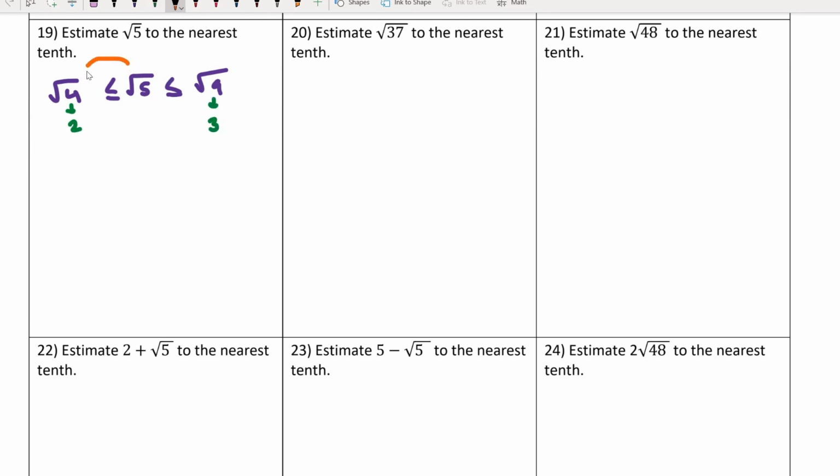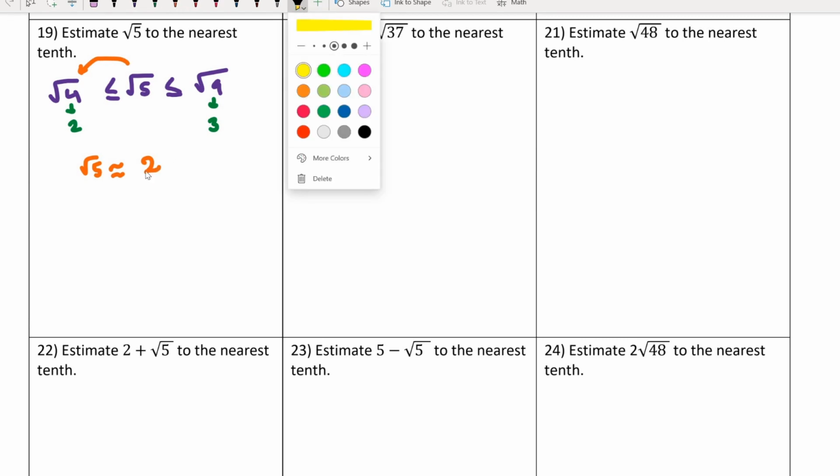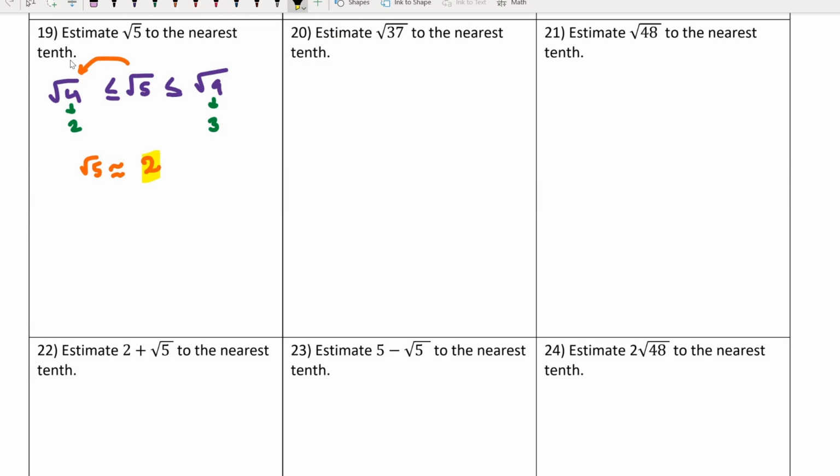Square root of 5 is closer to 4, so approximately around 2. Now, if you stop right here, they will say it's wrong. That is rounded to the whole number. We want the nearest tenth, which means you need one number after the decimal point, so this is not done.